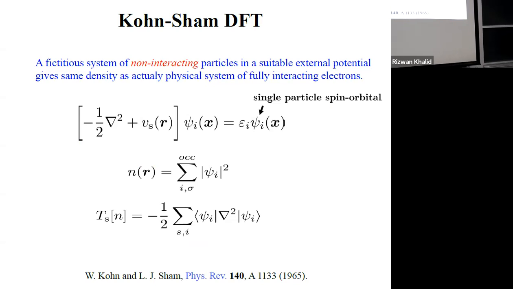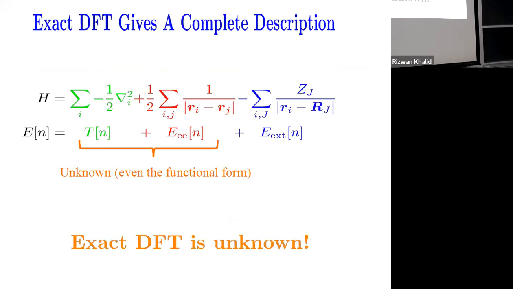Kohn and Sham went around this problem. How did they go about it? They say the main problem here is this electron-electron repulsion energy, which couples one electron with the other electron. If this term is not present, the corresponding Schrodinger wave equation will have only kinetic energy and interaction with the nucleus. The particles will just behave as if they are independent particles.